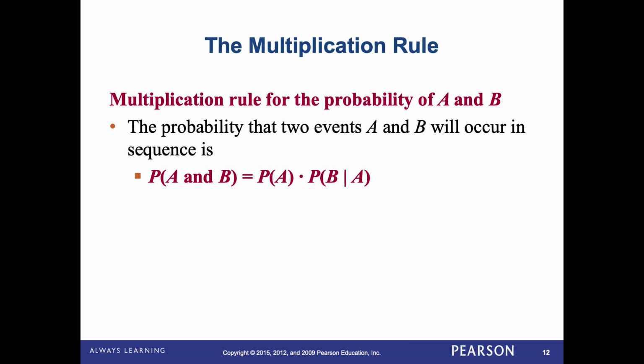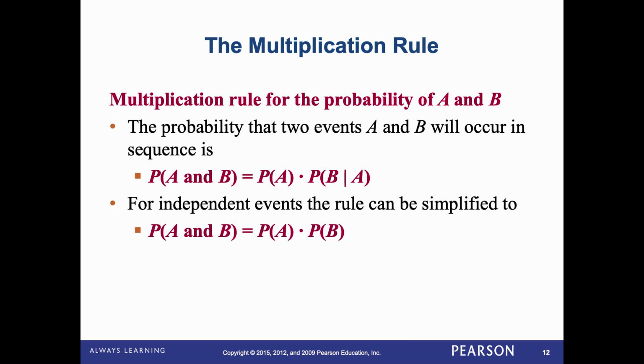The multiplication rule. The multiplication rule for the probability of A and B: the probability that two events A and B will occur in sequence, one happening right after the other. So the probability of A and B is the probability of A times the probability of B, given that A did occur.